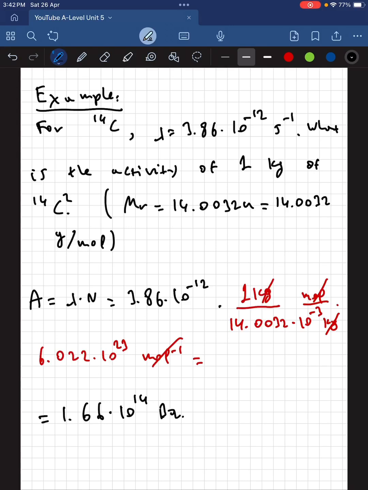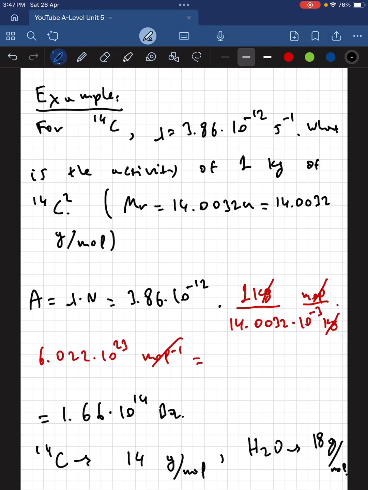It's not necessary to remember, but usually the molar mass is the atomic number times grams per mole. So for carbon-14, the molar mass is about 14 grams per mole. For water, H2O, the molar mass is 18 grams per mole. How do I know?